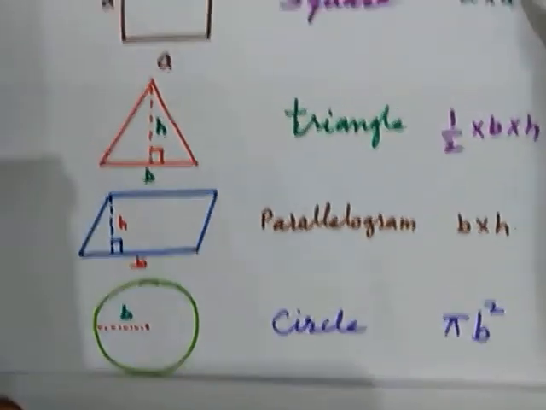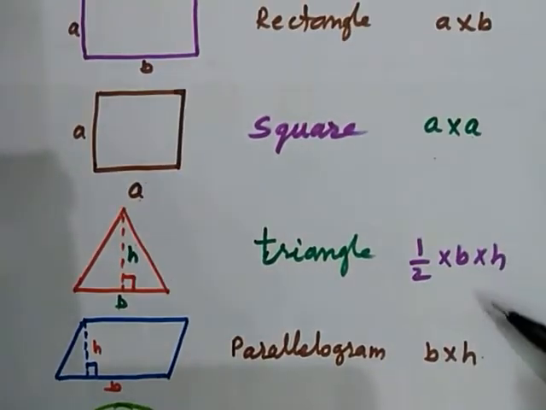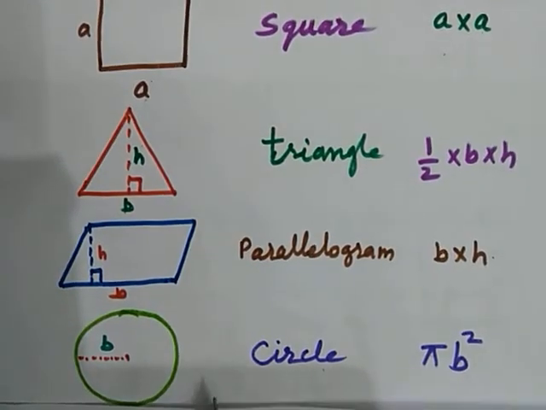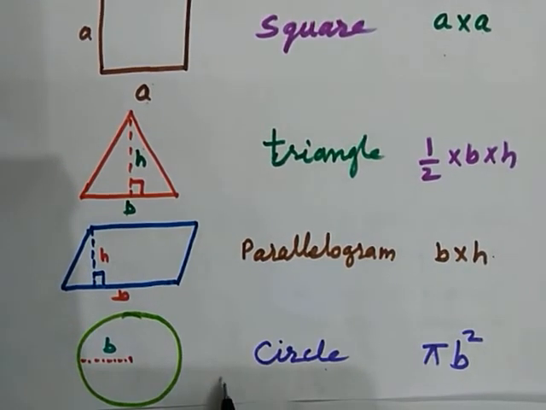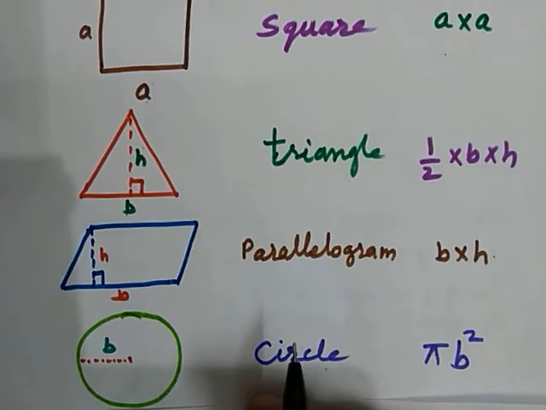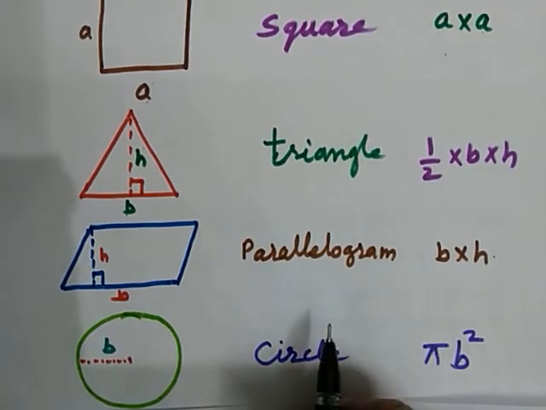So these are some shapes and their formulas for calculating area, on the basis of which we have to calculate in our questions. Okay, so learn this and solve your exercise 11.1 on the basis of these.